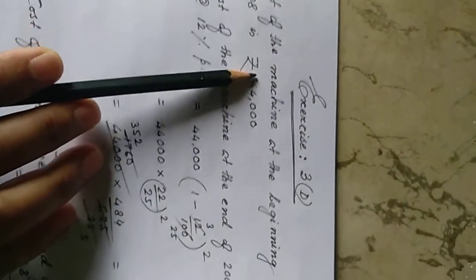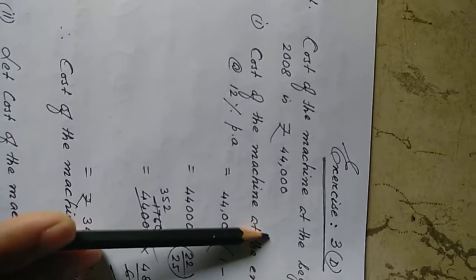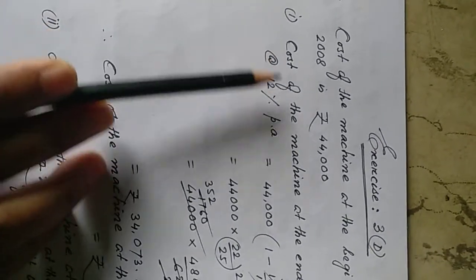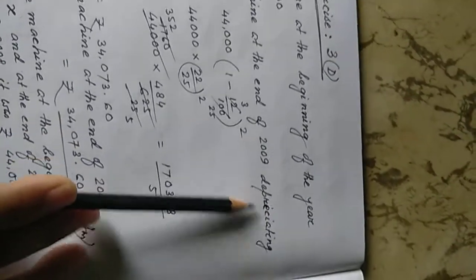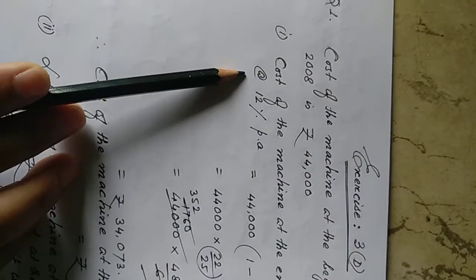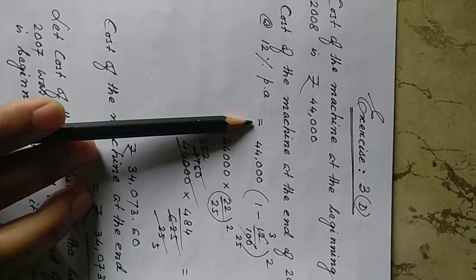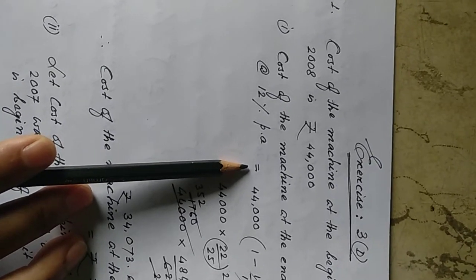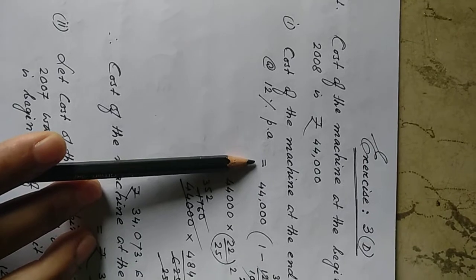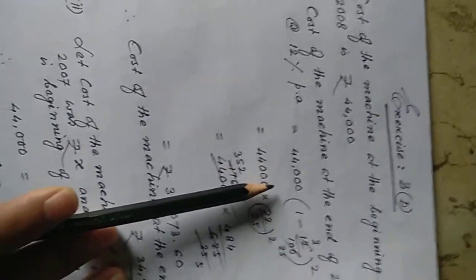If cost of the machine at the beginning of the year 2008 is rupees 44,000, so first I find the cost of the machine at the end of 2009 depreciating at the rate of 12% per annum. Now see, end of 2009 means what? It was throughout 2008 and 2009. So there will be 2 years. So I write the formula.